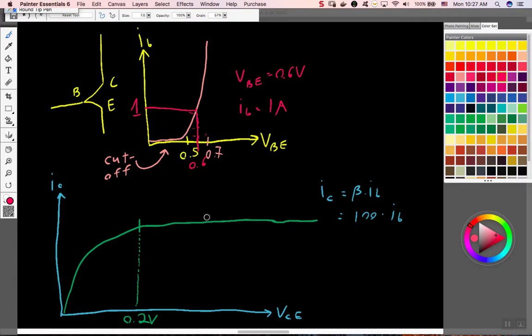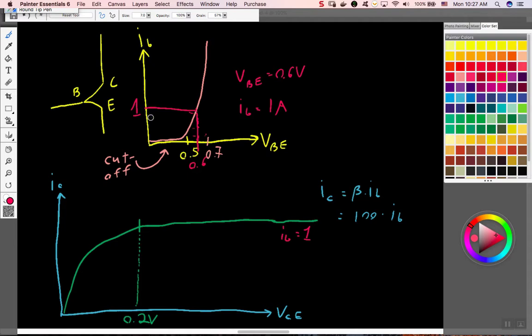Very well. And let's say this green graph represents IB equals 1 ampere. This green graph came to us from looking at the VBE-IB curve. We know that VBE is 0.6, IB is the value of 1 ampere.